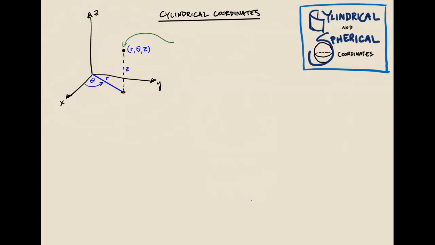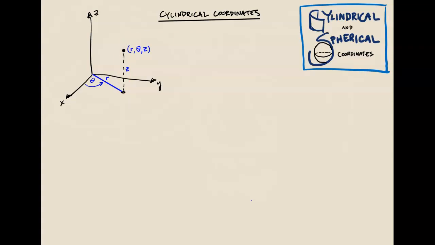So if I were to tell you that this point's cylindrical coordinates were, let's just say, 5, pi over 3, 4, that would be telling you that this distance right here is 5 from the origin to the projection of the point onto the xy plane. This angle would be pi over 3, 60 degrees, hence our pi over 3 here. And this 4 just tells me that the point is 4 units above the xy plane.